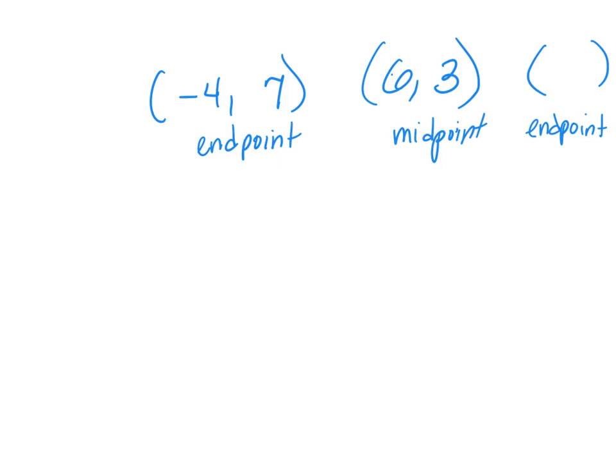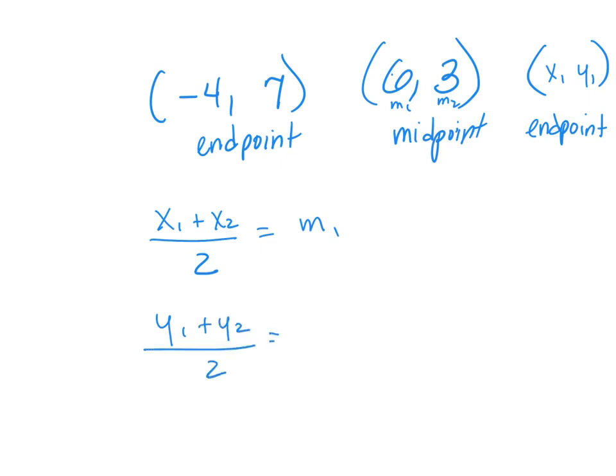I call this midpoint 1 and midpoint 2, okay? The formula says x1 plus x2 divided by 2 equals midpoint 1, and y1 plus y2 divided by 2 equals midpoint 2.